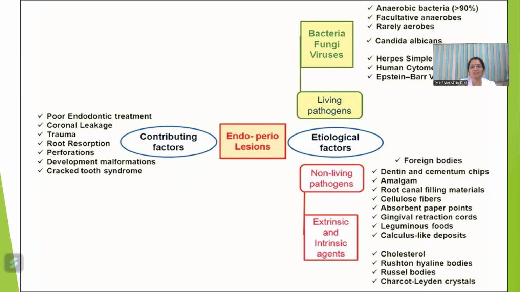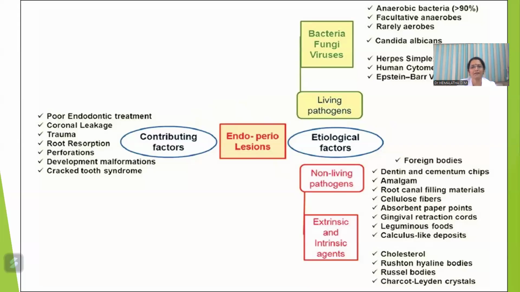Coming on to the etiological factors, you have both living and non-living. In living, you have bacteria, fungi, and viruses. Under these, we have anaerobic bacteria, facultative anaerobes, rare anaerobes, aerobes, and Candida albicans, herpes simplex, HCV, and EBV.